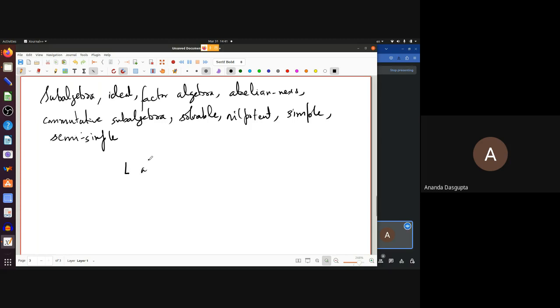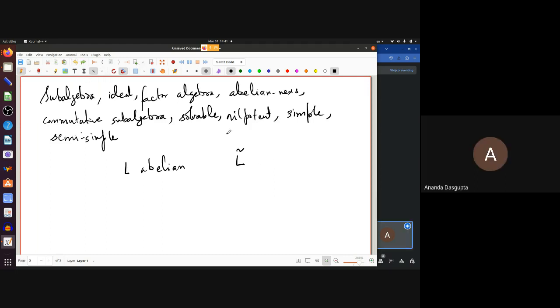Okay, if a Lie algebra L tilde is a complexification of L, if L is abelian, what can you say about L tilde? Should be abelian because for a basis, structure constants are all zero. Good.